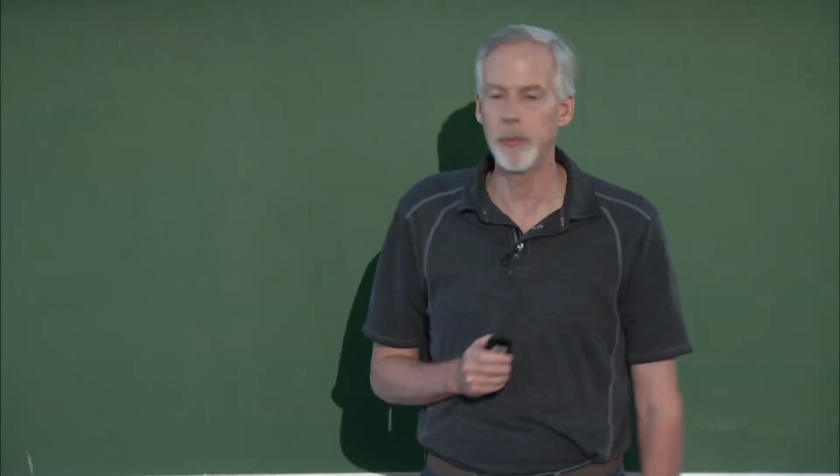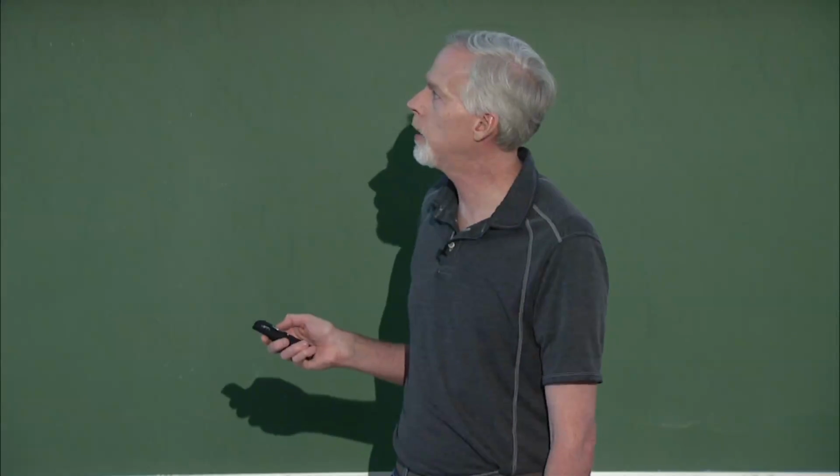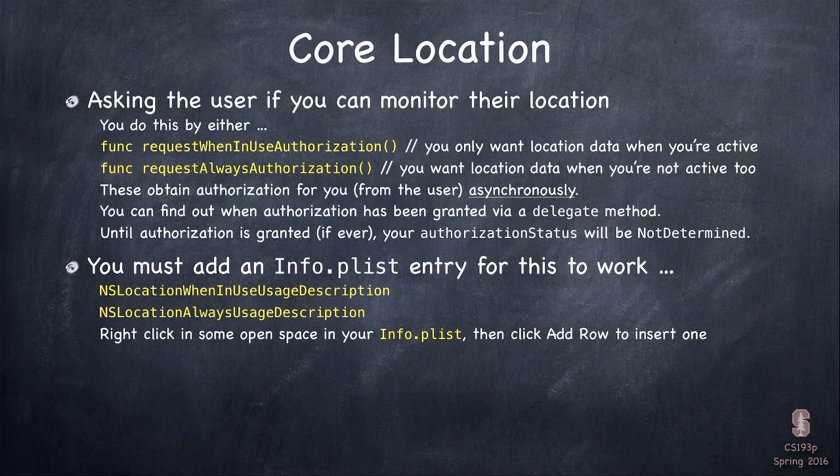To put that UI in the settings, you have to put something in your Info.plist, which is this key right here, NSLocationWhenInUseUsageDescription, or NSLocationAlwaysUsageDescription. This is a string explaining why you want this particular authorization. And if this key exists, then in settings, the user will be able to have a switch to turn this on or off.